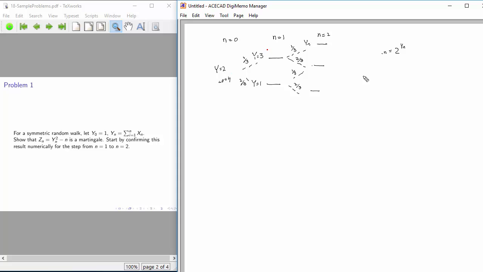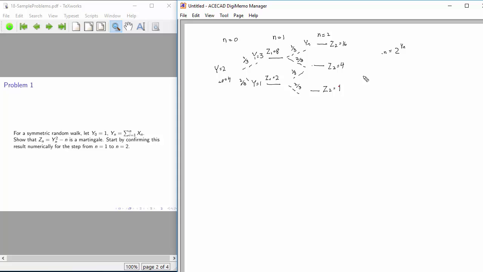Here we have 2 cubed, so z1 equals 8, or z1 equals 2. Here we have z2 equals 16, or z2 equals 4, or z2 equals, not 0. We're on the 0th floor, but 2 to the 0 is equal to 1.